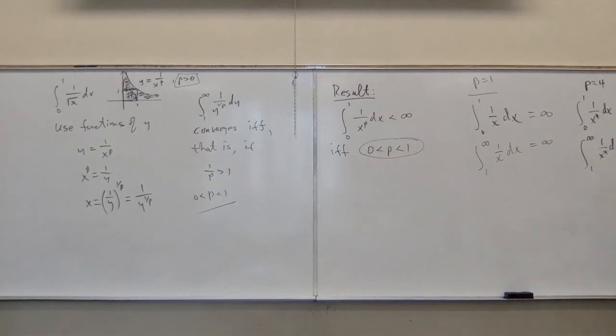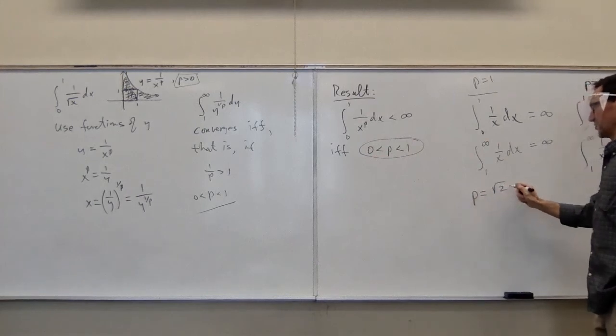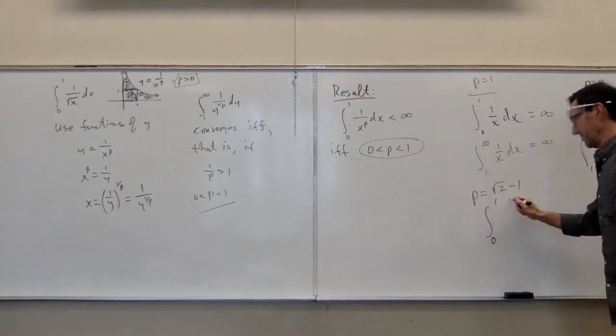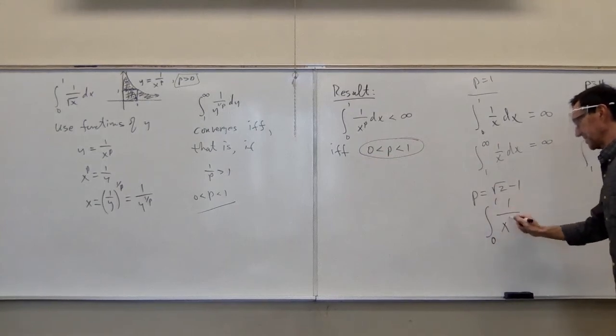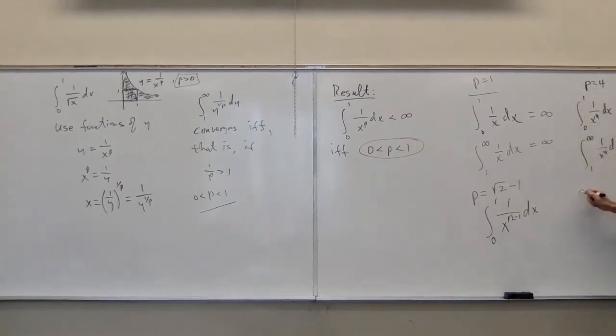How about P equals square root of 2 minus 1. So we'll go from 0 to 1, 1 over x to the square root of 2 minus 1 dx. And then we'll go from 1 to infinity, 1 over x to the square root of 2 minus 1 dx. Which one of those converges? The one on the left.